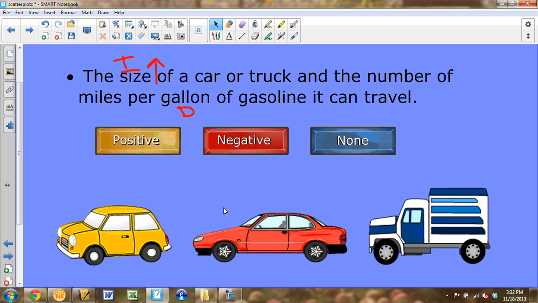So that's what they mean by the size of the car. What happens to the number of miles per gallon as your car gets bigger? Well, it gets less. A little bitty car is going to get better gas mileage than a big one. So as my independent variable goes up, my dependent variable goes down. That means that this has a negative correlation.